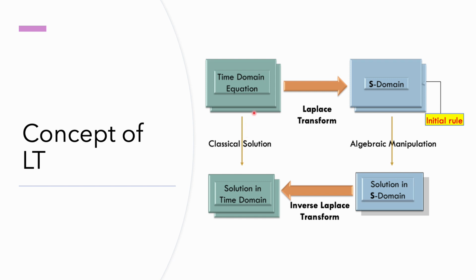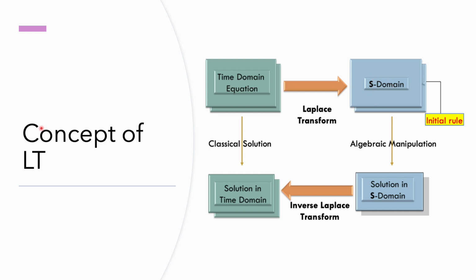There is another method that we can use to solve this time domain equation. If you can still remember, in our previous chapter 3, we solved the time domain equation using the Fourier transform. But now in chapter 4, we would like to solve the time domain equation by using the Laplace transform, where we will convert the time domain equation into an S domain equation.